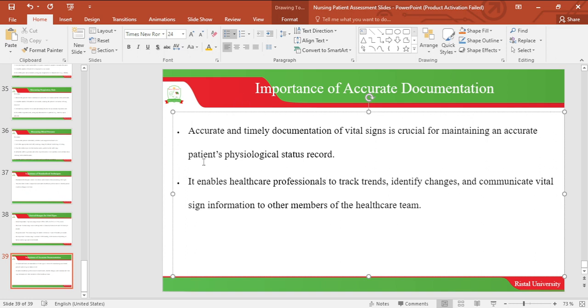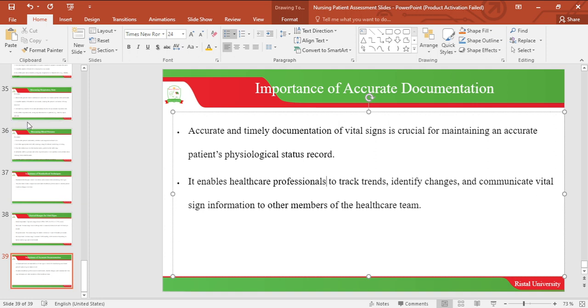So, it is important for healthcare professionals to track trends, identify changes, and also communicate vital sign information to other members of the healthcare team for effective management of the patient.